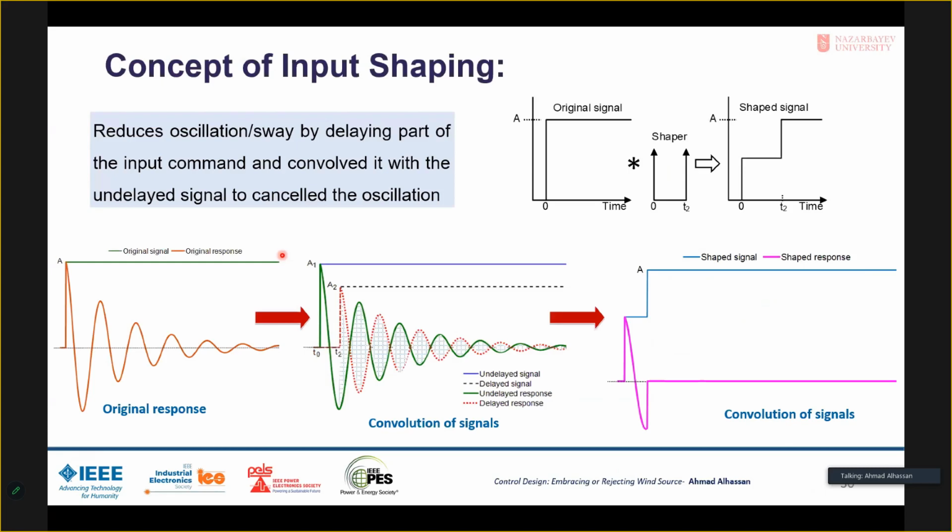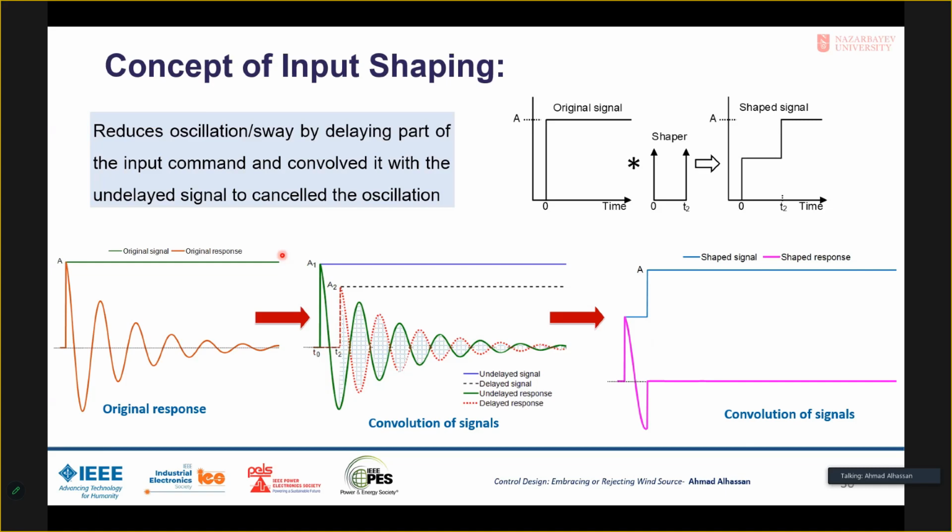So one of the prominent controllers is called the input shaping control. What input shaping does is you have the system which will be oscillating. So if there is oscillation, you give a signal and delay it in a specific time.